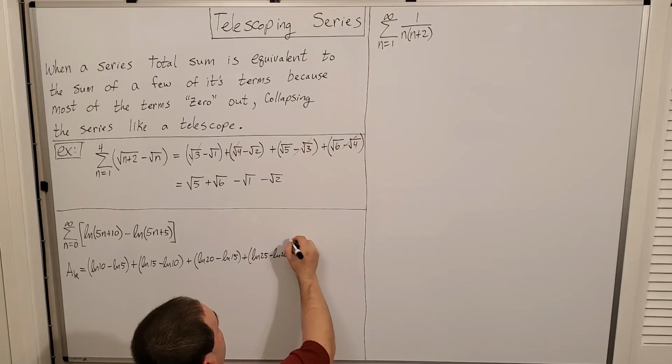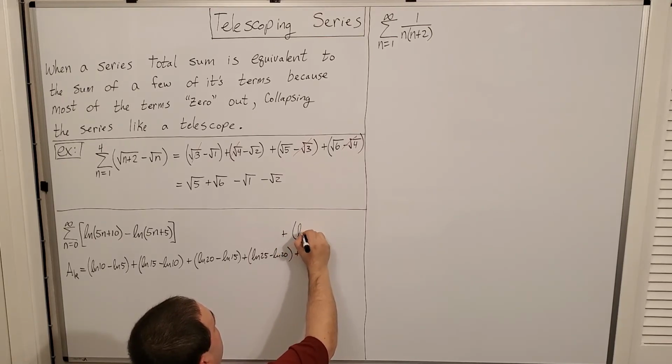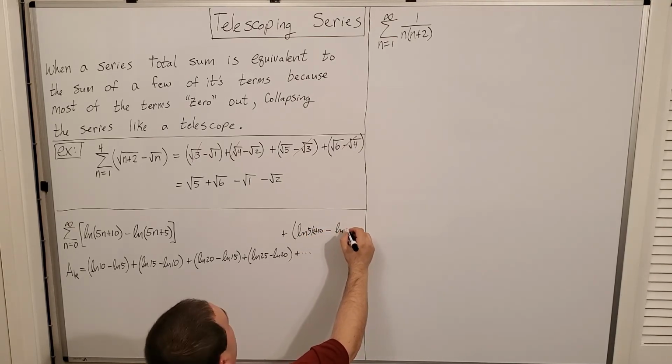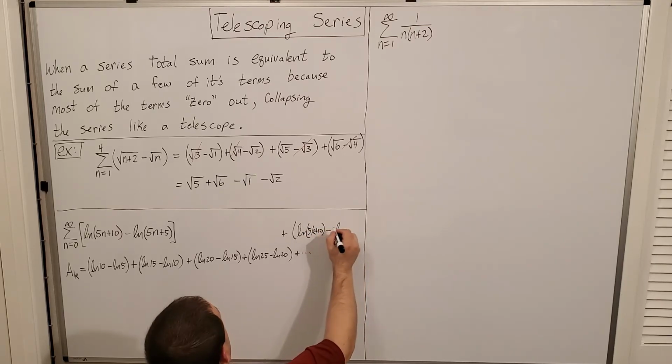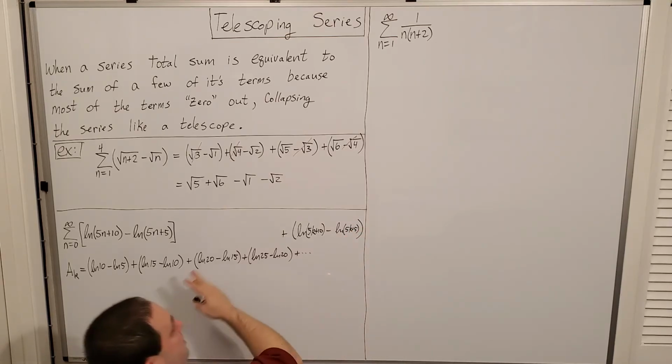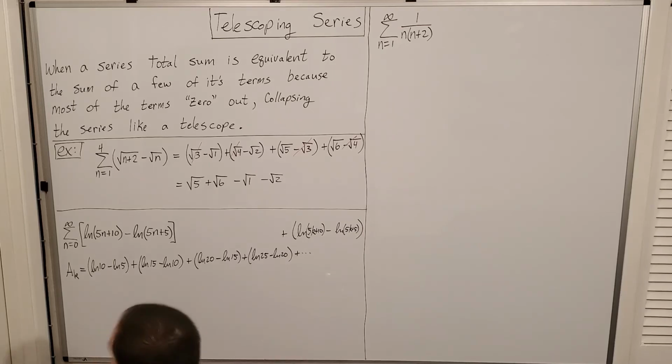Plus ln of 5k plus 10 minus ln of 5k plus 5. Like that. So this is up to the kth term.